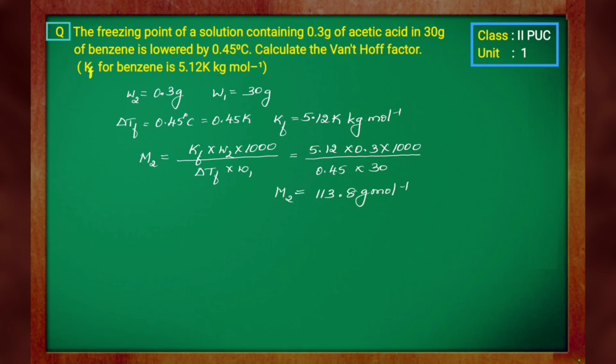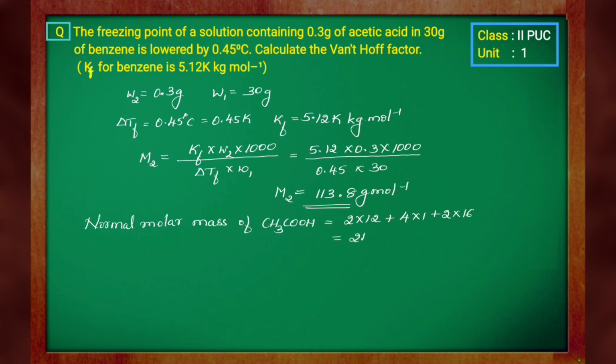So this is the experimental molar mass, but the normal molar mass of the solute, which is acetic acid here, whose formula is CH3COOH, is equal to 2 into atomic mass of carbon, that's 12, plus 4 into atomic mass of hydrogen, 1, plus 2 into atomic mass of oxygen.